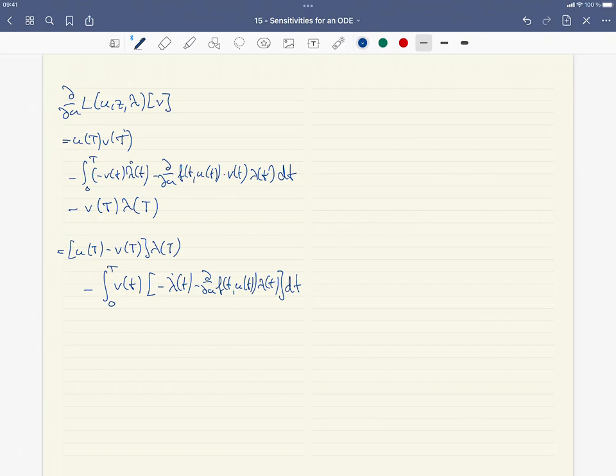Okay, so v is arbitrary, right, as a direction. And here I've also made a mistake in the first term. So now my argument becomes clean, hopefully. So it's actually a u of T minus a lambda of T times v of T. Okay, now it makes more sense.